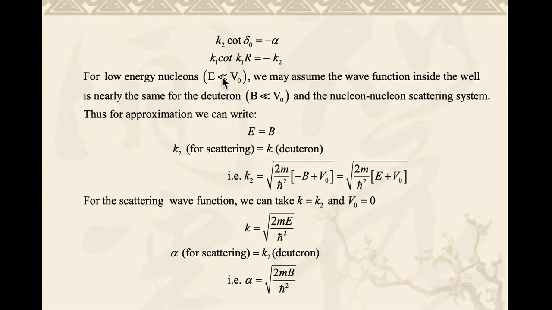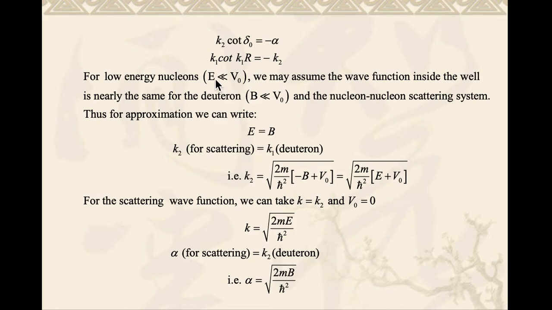And for low energy nucleons, that means energy much less than V0, we may assume that the wave function inside the well is nearly the same as for the deuteron. For deuteron, you have B much less than V0, and the nucleon scattering system. That means the wave function for the nucleon scattering system and the deuteron are the same.